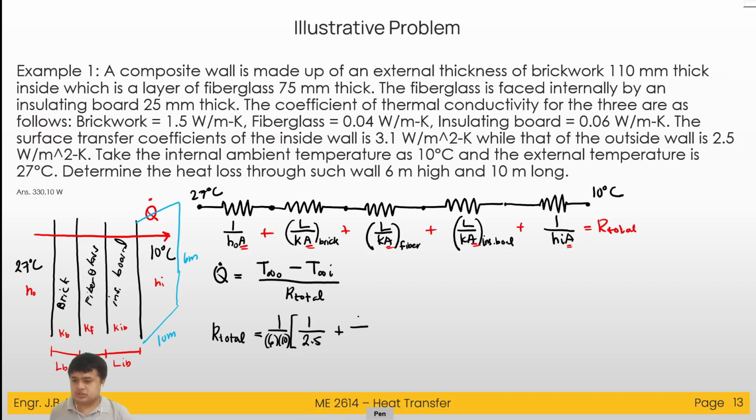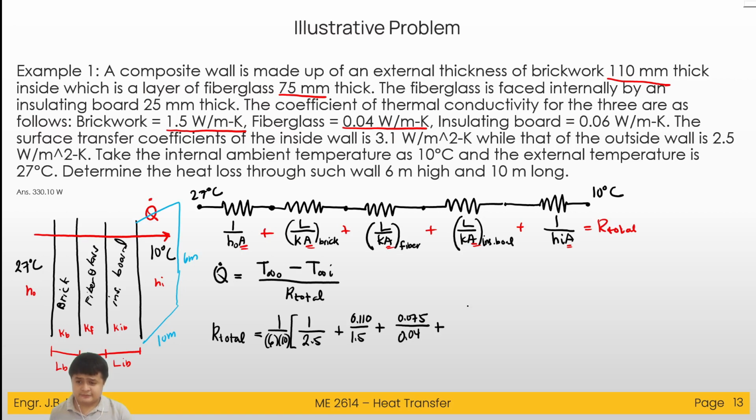The L here is 110 millimeters, so 0.11. And K, the thermal conductivity of the brickwork, is 1.5. So L over K only. Then plus L over K for the fiberglass: 75 millimeters, so 0.075 meter over 0.04.